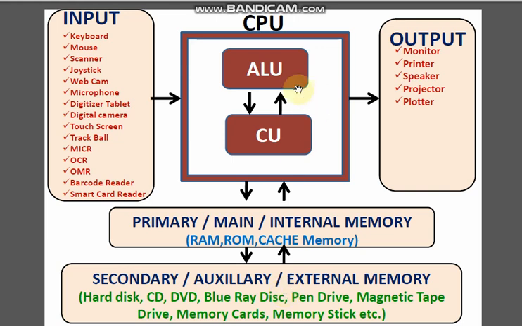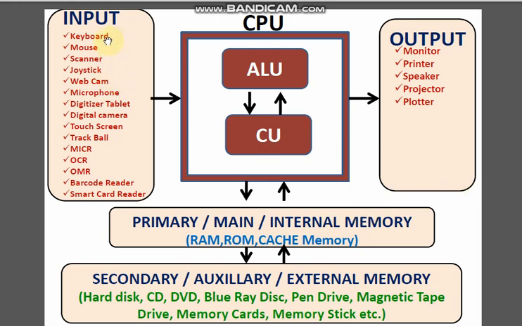And after the execution, the final output we get in the output devices. So let us see the input and output devices, and then let us see a little bit of CPU, how it works.